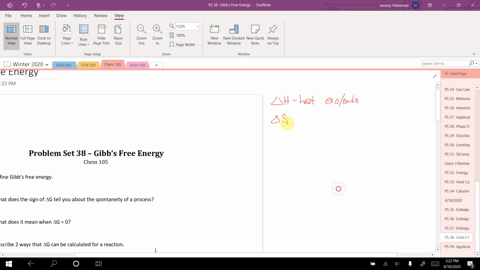Then we talked about entropy, which is disorder or dispersion of energy. And we talked about how delta S of the universe has to be greater than 0 for something to be spontaneous.